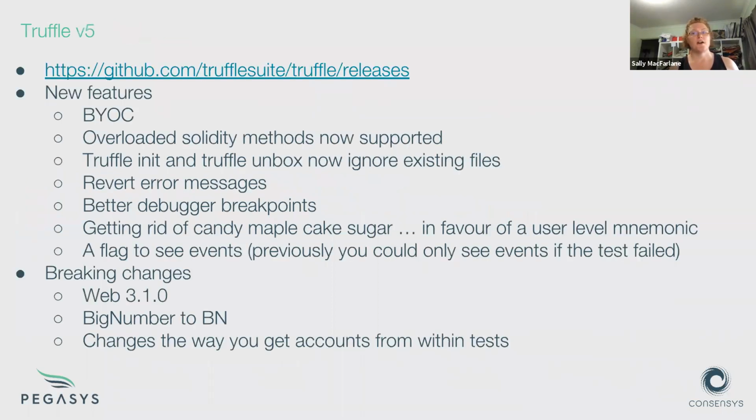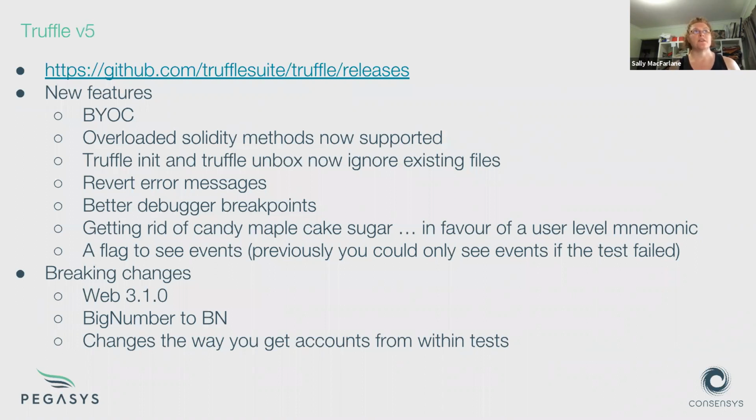Truffle 5, which is in beta at the moment, there's the link to the GitHub. If you npm uninstall Truffle, then you can npm install Truffle beta. The instructions are all there, so you can try out Truffle 5 and switch back to Truffle 4 pretty easily.